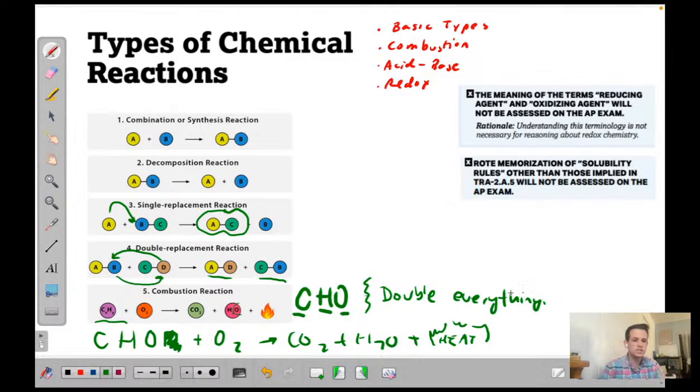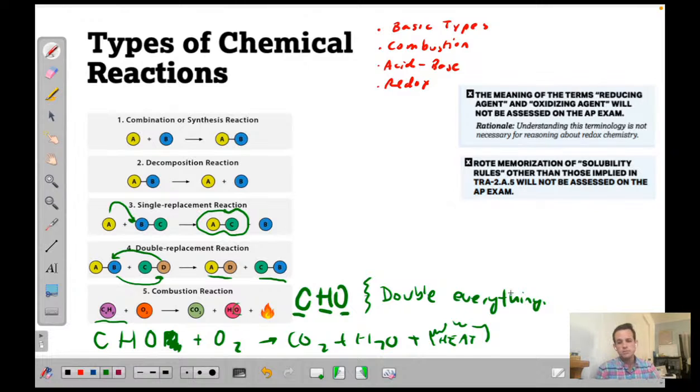A lot of students get stuck because there's an odd number here and an even number here. Every time I increase this one, I have to increase that one, and I'm going around in circles forever. If you get stuck like that on a combustion, double all your coefficients and then solve it, and hopefully it works out. And then you can always reduce them down if for some reason the numbers are too big, right? You always want your equation to be in the simplest coefficients.